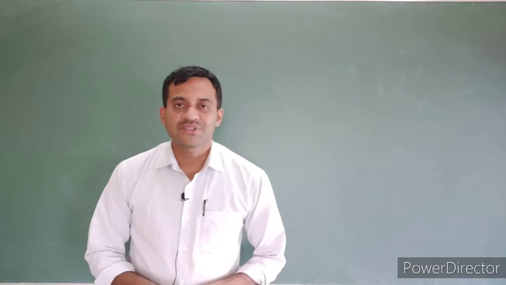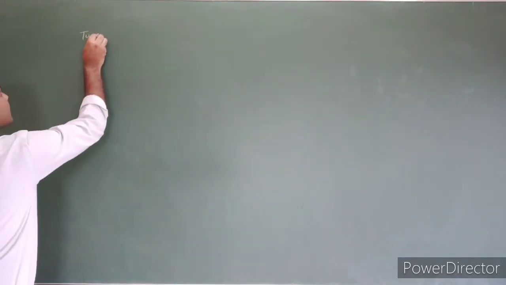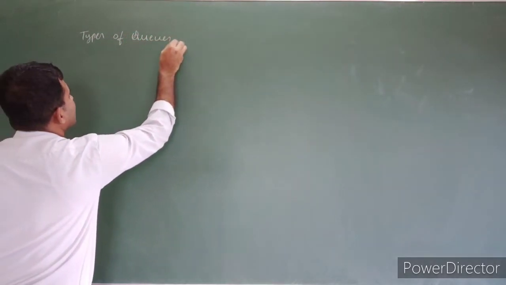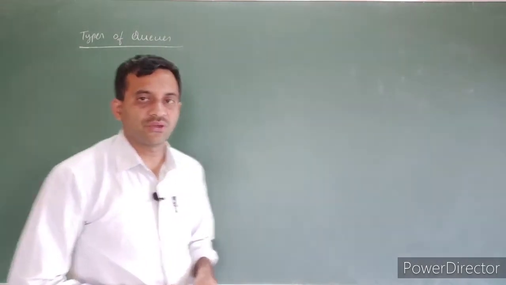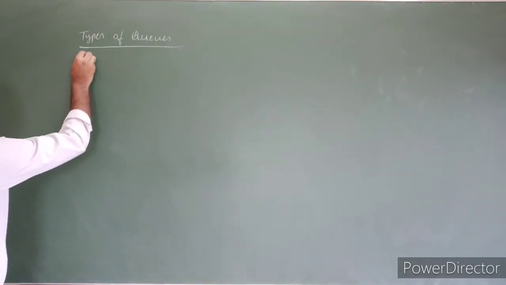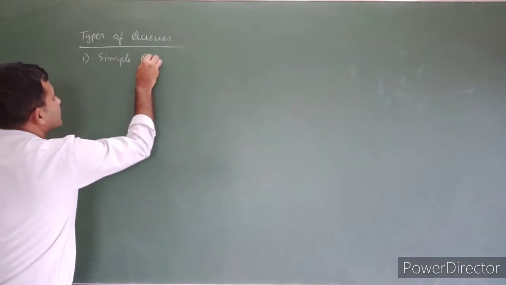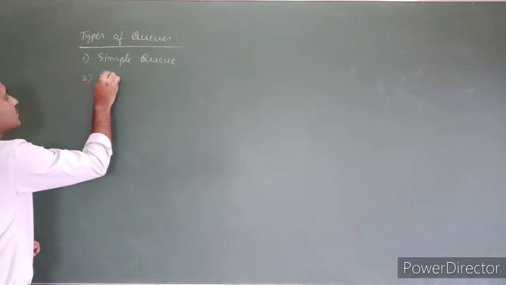Let's see the types of queues. There are 4 types of queues. The first one is simple queue. The second one is circular queue.